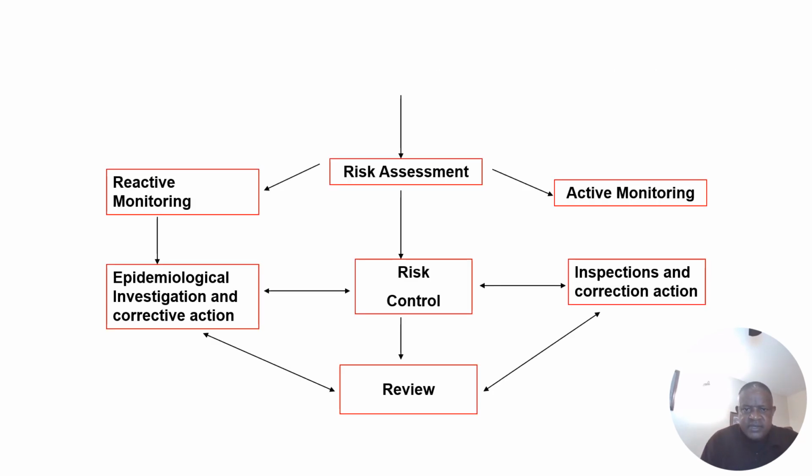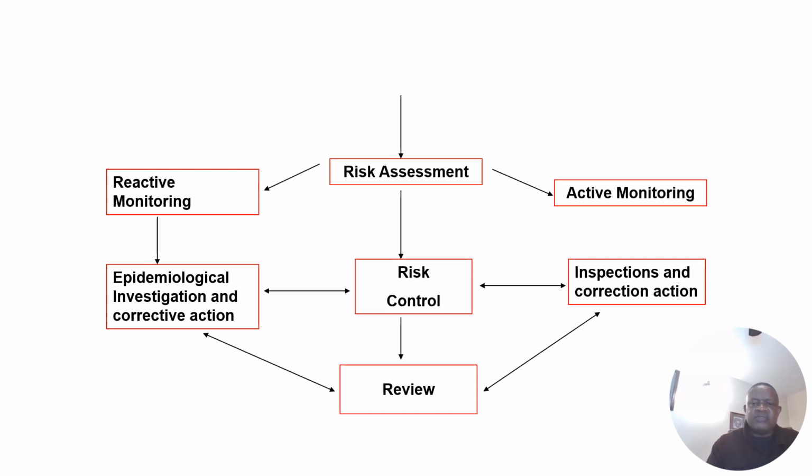We can see the process of risk assessment. We say reactive monitoring, risk control, review, active monitoring, inspection and corrective action, and then all other areas that are important, including investigation and corrective actions.